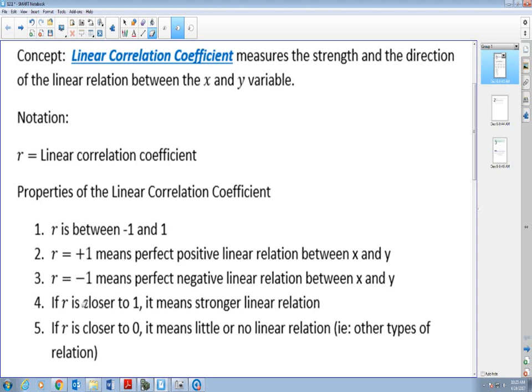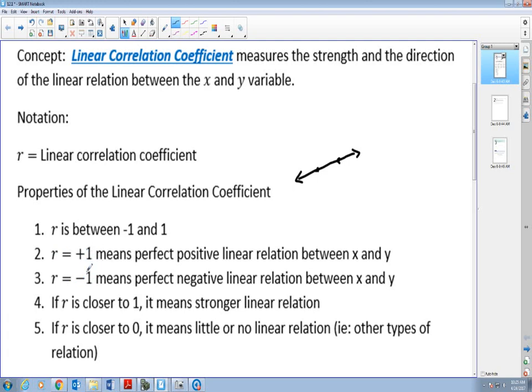If R is equal to exactly +1, it means a perfect positive linear relation between the x and y. Just like you can find 2 points on a line and then you can connect them with the line, if a line goes through every single data point, that's where we have 100%.